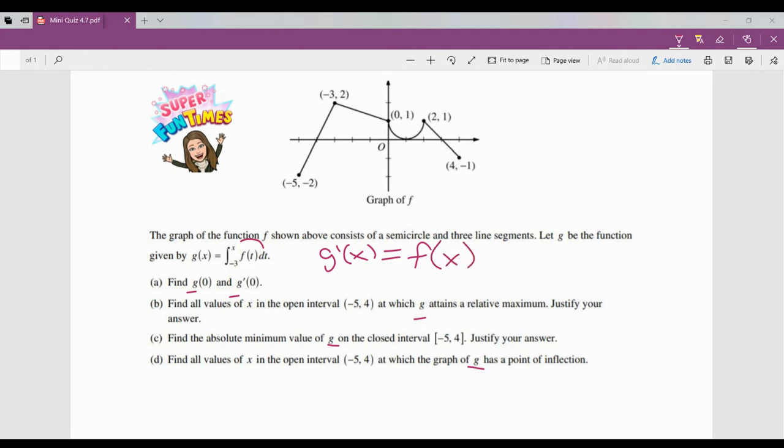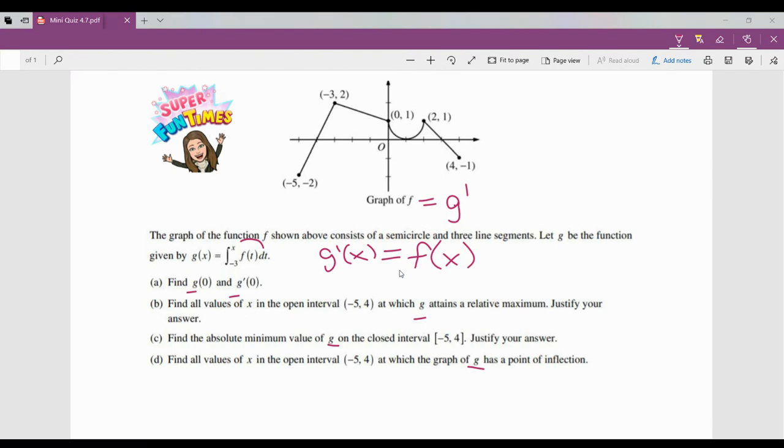And then we don't have to multiply by the derivative of the inside because the derivative of the inside is 1. So this graph of f is actually the graph of g prime. All right, so when we talk about anything about g prime, we're actually going to be talking about the graph.